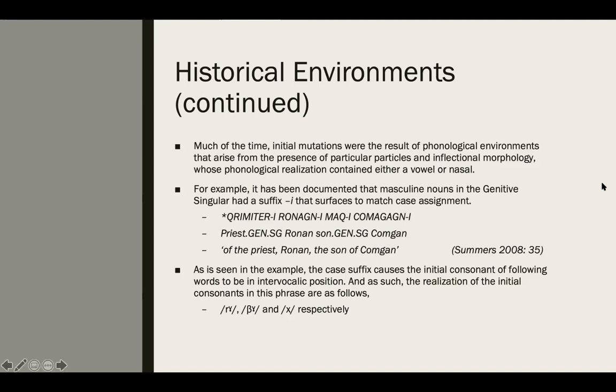As one can see, the last three words in the phrase all are after the I and before another vowel, thus making every single one of those consonants in intervocalic position. For reference, these sounds for the R would be the trill, the M would have been a nasalized bilabial fricative, and the C would represent a velar fricative.